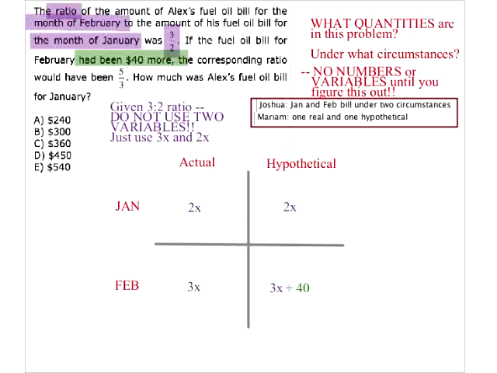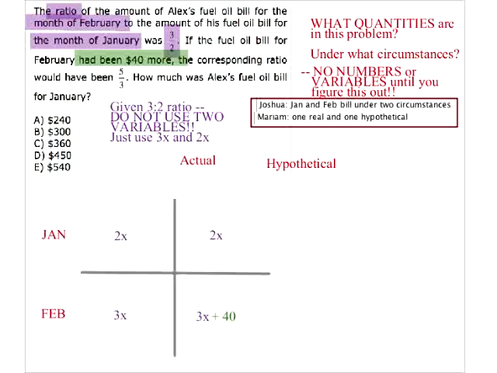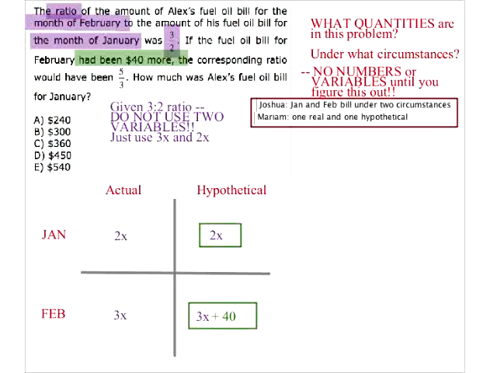Now this is a new type of situation because now we're not defining variables anymore. Now what we have is that these things are supposed to be in a ratio of 5 to 3. So what do you do in that kind of situation?